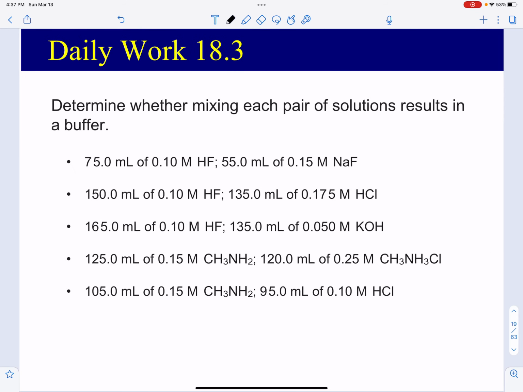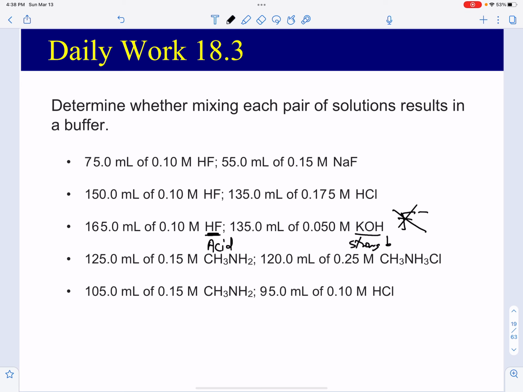So here's your daily work. Let me see if there is anything here that I need to reemphasize. Pay attention to this one. This one, you have HF, but you do not have F negative anywhere. However, this is an acid, and you're adding a strong base.